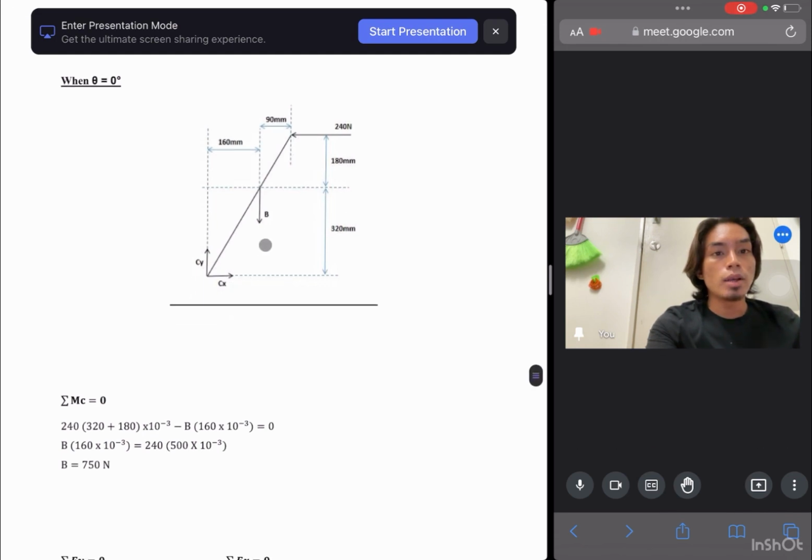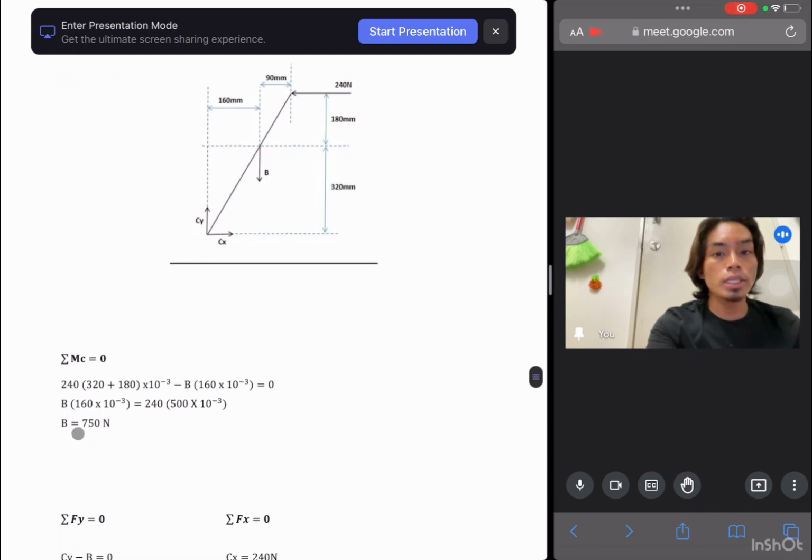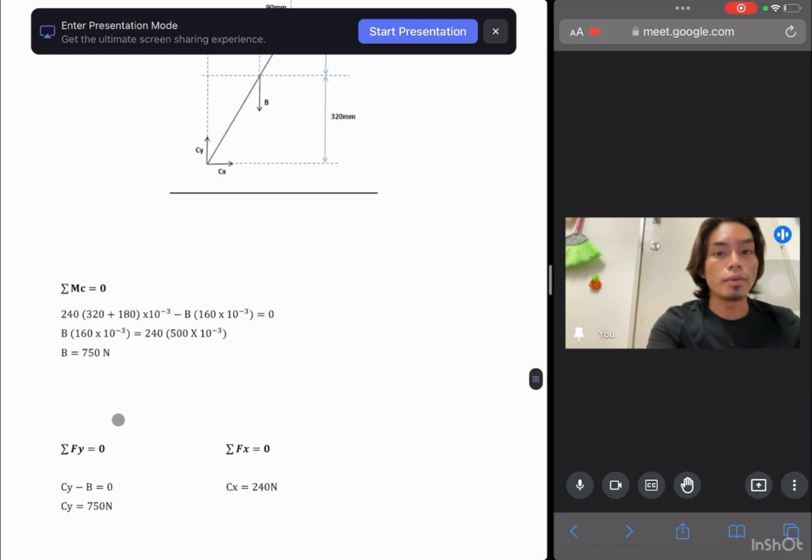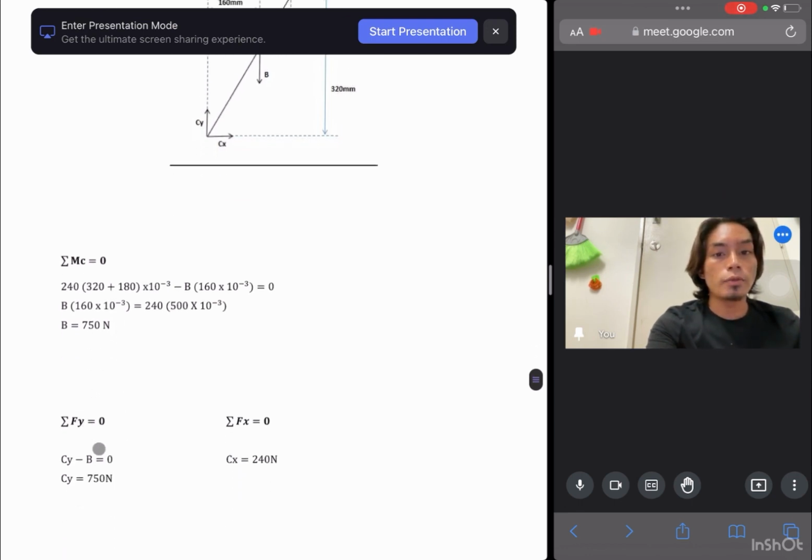So from this equation, we can get the force acting at point B. So the answer for B is equal to 750 Newton. And after that, we can find the CY and CX after we have done this equation. So summation of Fy equal to 0, we get Cy minus B equal to 0.